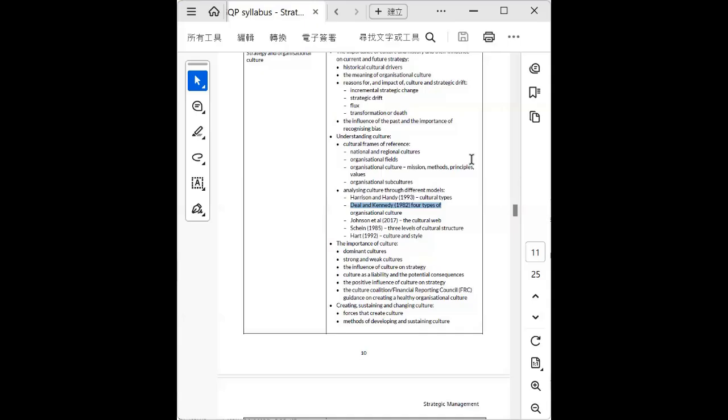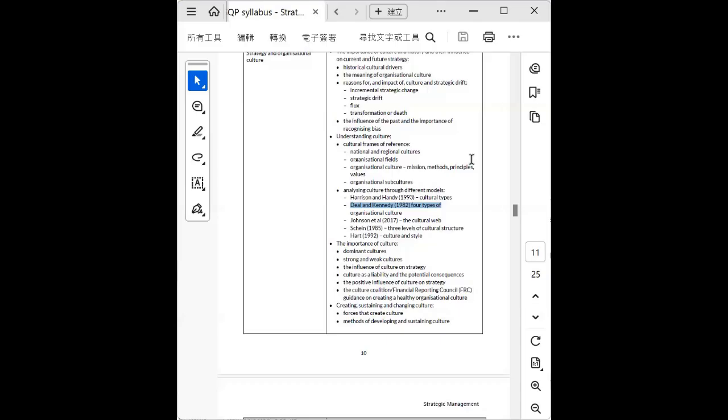Now, the third type is called bet your company culture, which involves high risk and slow feedback, where the decisions have long-term consequences. For example, aerospace firms like Boeing operate under this culture, where there's high risk and the feedback is slow. And the last type is called process culture.